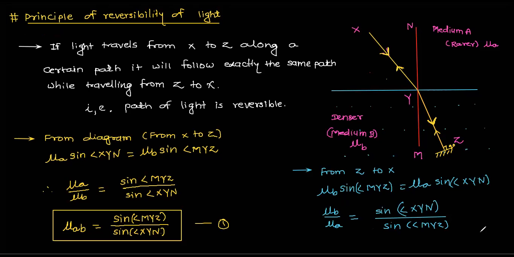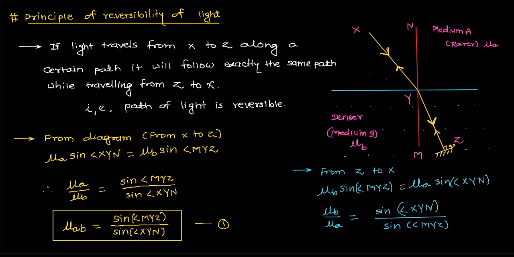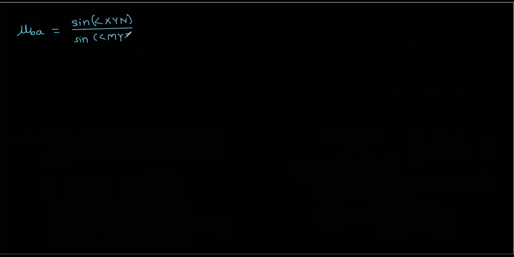So I can write like this: mu b a is equal to sine of angle x y n divided by sine of angle m y z.